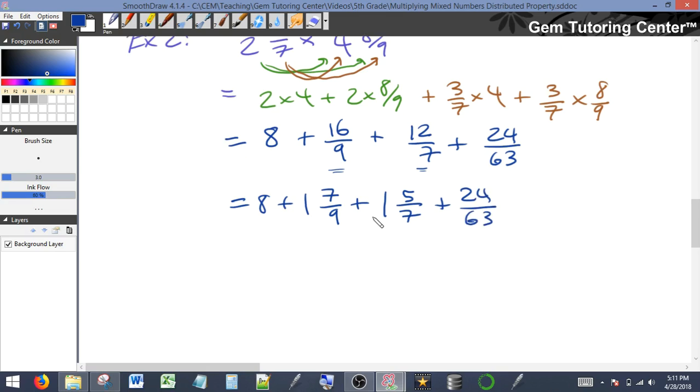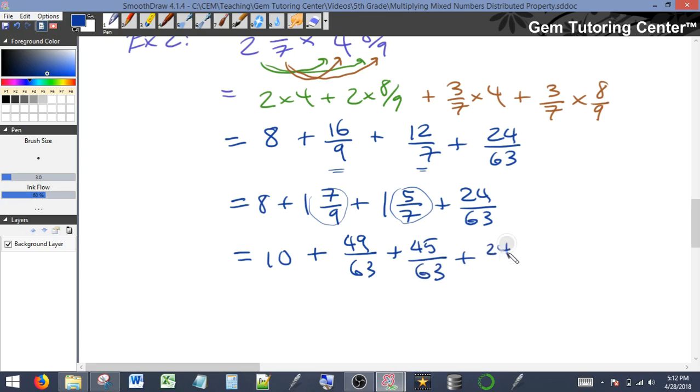So this 8, this 1, and this 1 can get added together, so that's going to be 10. And now we need to make these fractions into fractions that have a denominator of 63. So I'm going to multiply this top and bottom by 7, so I'll get 49 over 63. And this top and bottom gets multiplied by 9, so 45 over 63.